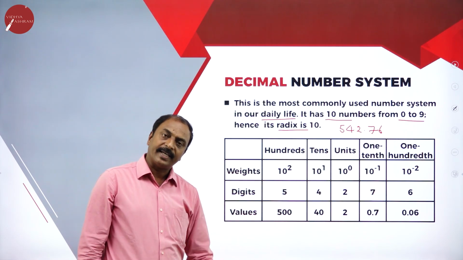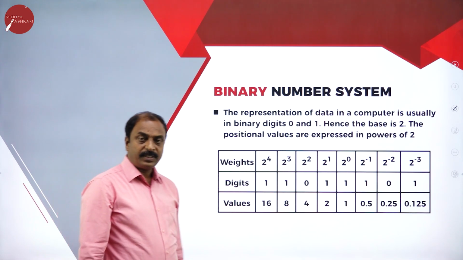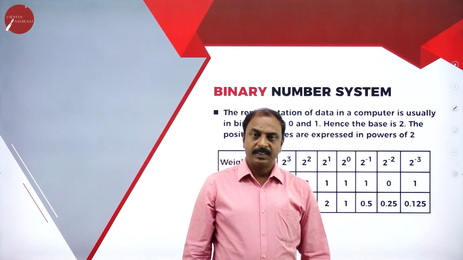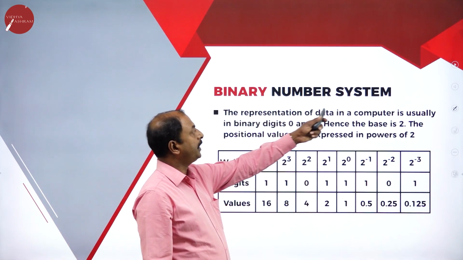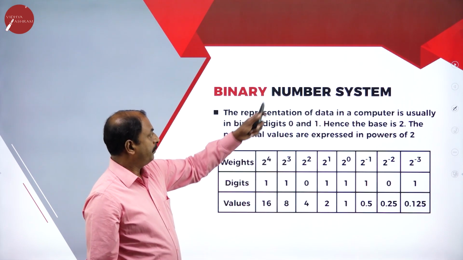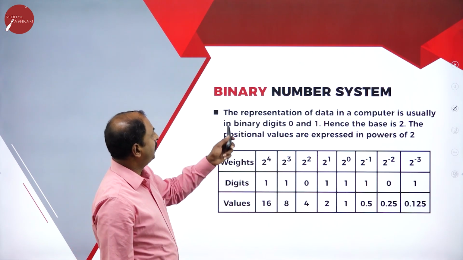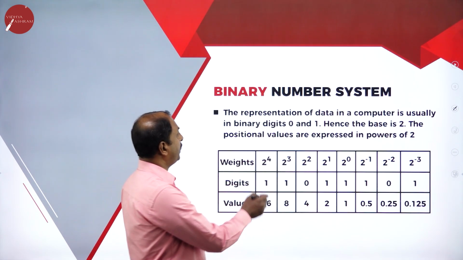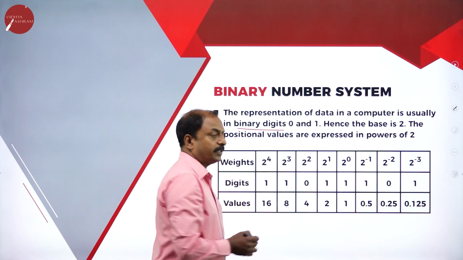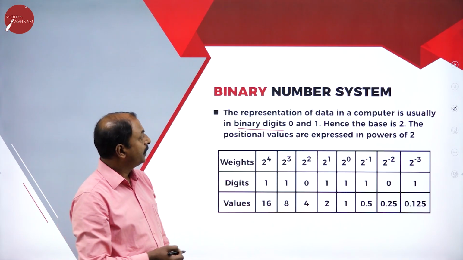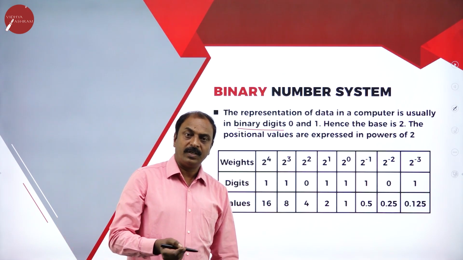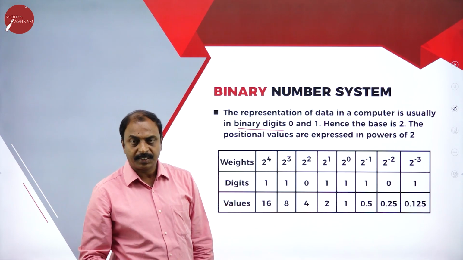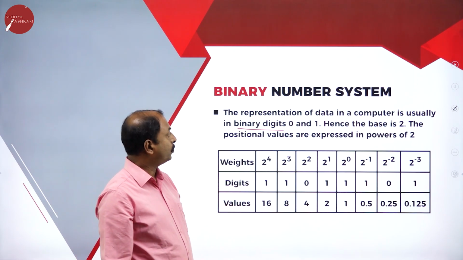This is an example. Now let us see one more type of number system, that is the binary number system. Binary means 2. So here the representation of data in a computer is usually in binary digits. We have learned this in the basics. Computers represent data and information with binary codes.